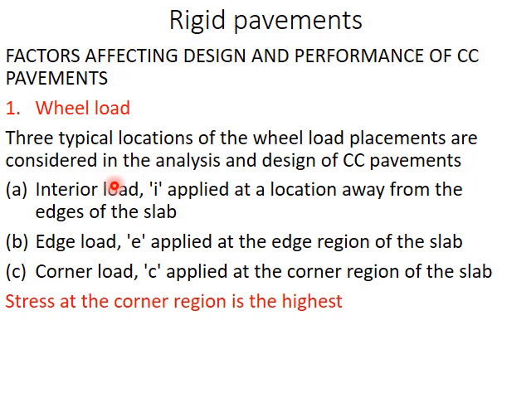First is the interior, which is the location away from the edges of the slab. Second is the edge load, which is the edge region of the slab. Third is the corner region where the load is applied. When you apply a wheel load on the pavement slab, the highest stress is experienced at the corner of the slab, higher than at the edge or interior of the slab.